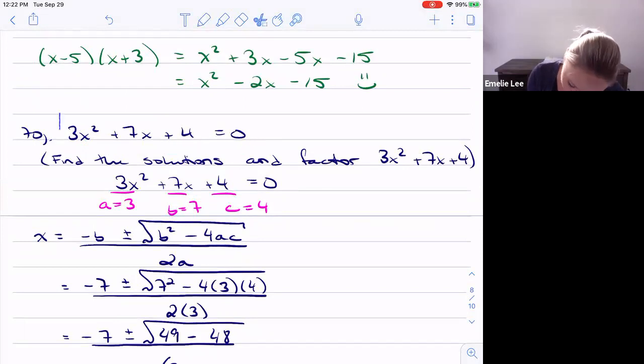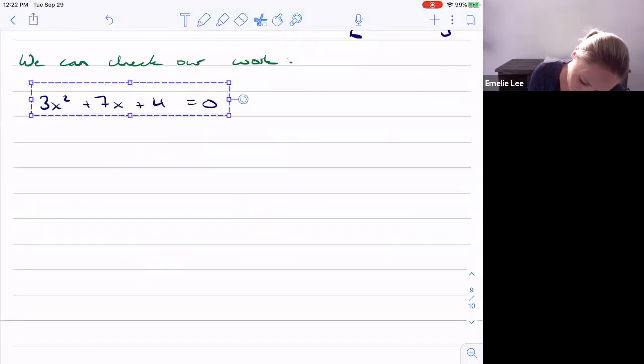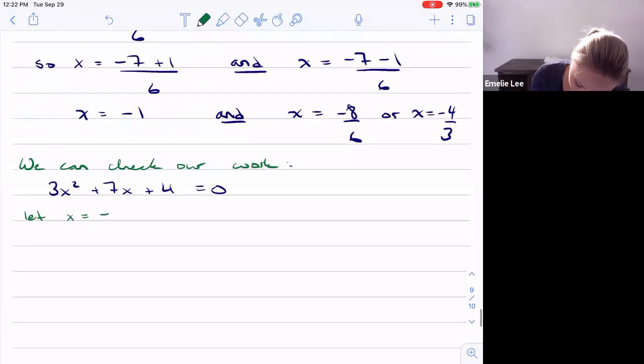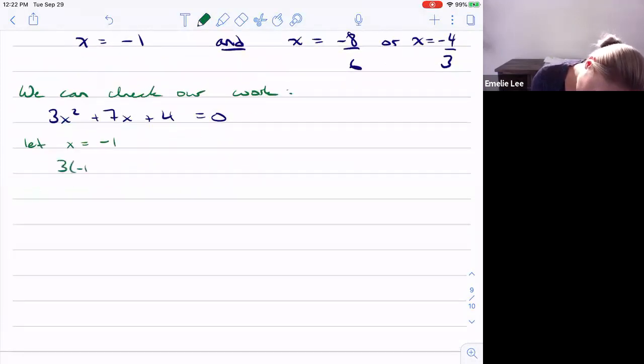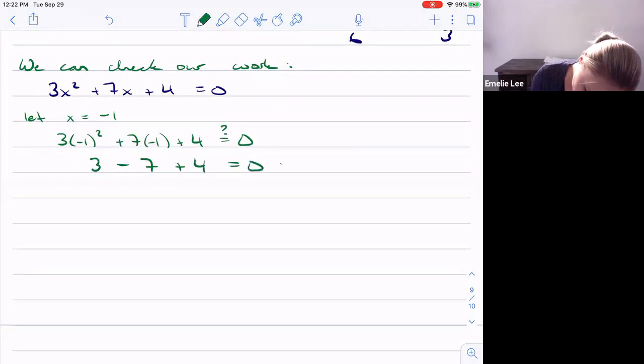To save myself some memorizing here, copy. So if I let x equal -1, then I get 3 times -1 squared plus 7 times -1 plus 4. Does it equal 0? 3 times -1 squared is 3. 3 minus 7 plus 4 equals 0. So that's good.